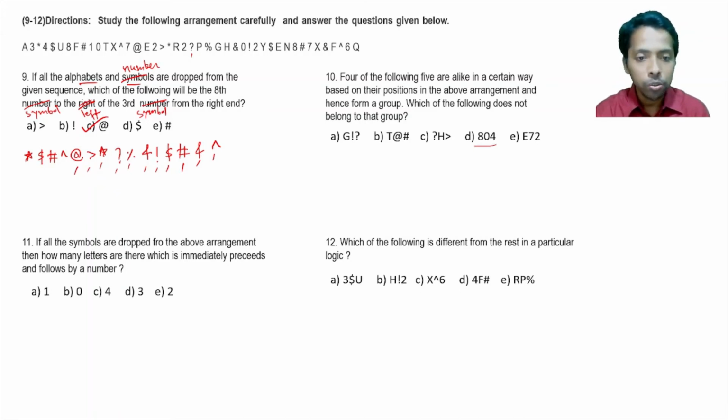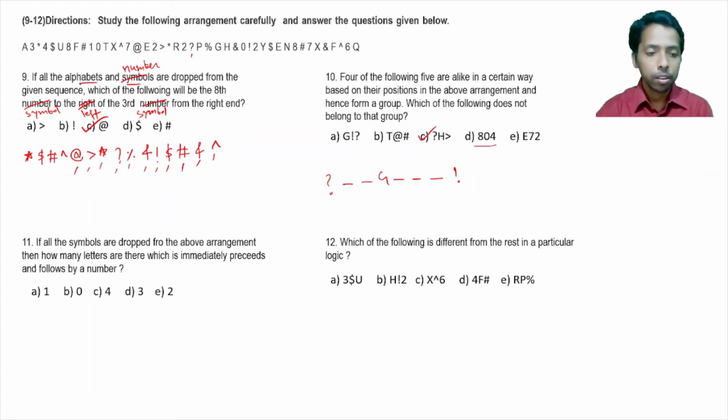E, 1 2 3 7, and this is 2 gap 2, right? So option C is the answer. So understand the logic here, that G, then 2 3 gap exclamation, here 2 gap question mark. This kind of scenario follows in all the 4 options except option C, right? So option C is the odd one, which is the answer for our case here.